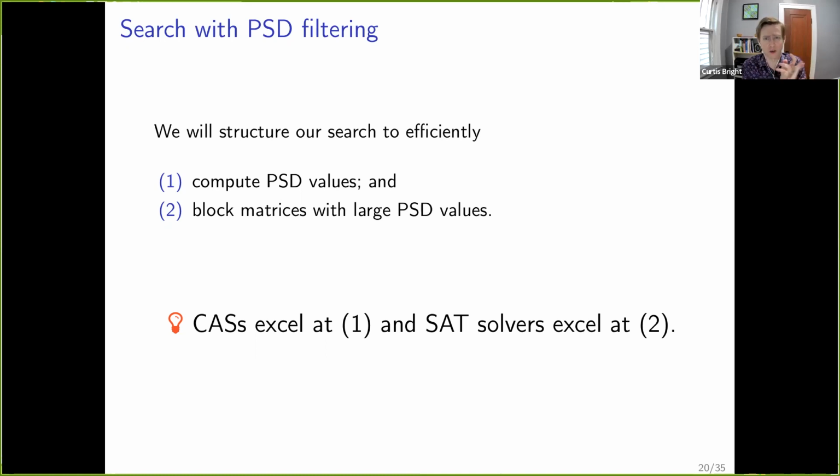There are mathematical libraries devoted to computing Fourier transforms quickly. So we're going to let the SAT solver execute its search, but also make calls to a computer algebra system to compute those PSD values.